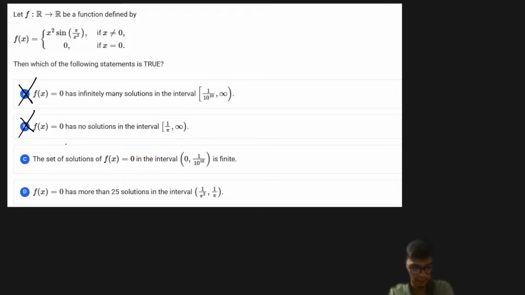Now this is also not correct, because if you try to analyze the function that is given over here, that is, for x not equal to 0, x square into sine of pi upon x square.